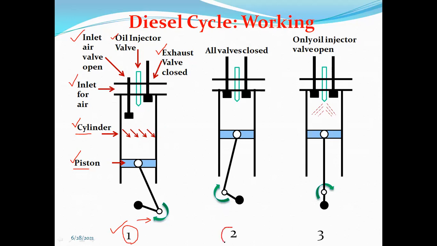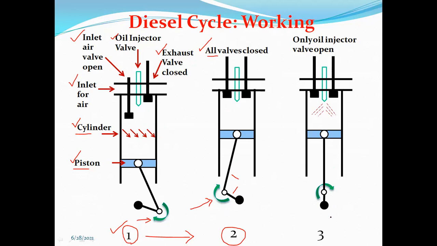In the second stage, after completion of the first stage, observe the motion of this arrow, and due to it the motion of this rod, the connecting rods and the piston. Here in the second stage, both the inlet valve and the exhaust valve are closed.